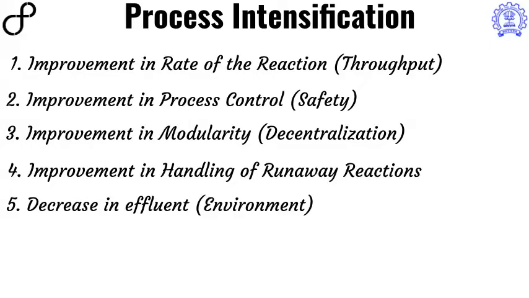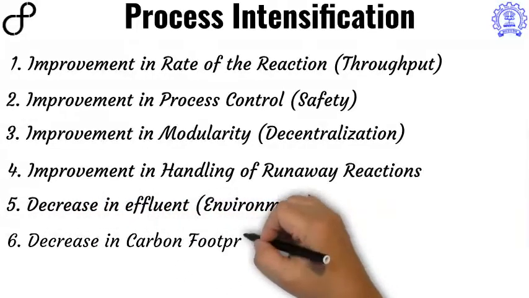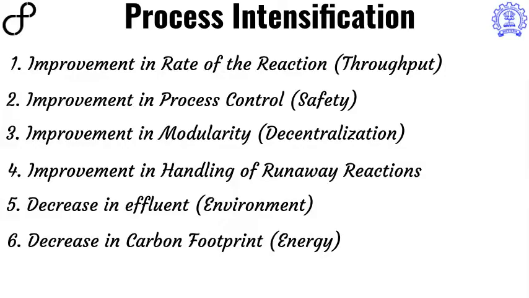Sixth definition is the decrease in carbon footprint. If we can improve our processes with a lesser load on the cooling component of the utilities, we can significantly reduce the energy requirements. The final definition is how to decrease the batch size.